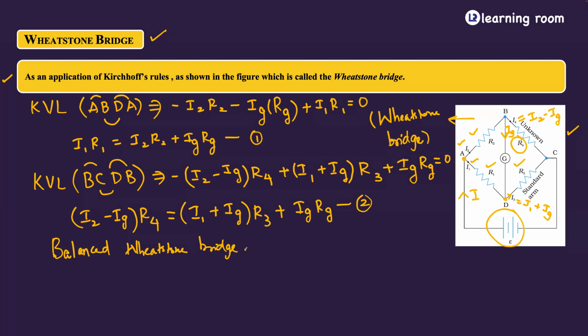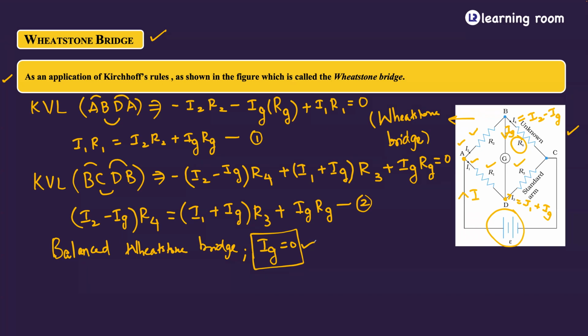This whole circuit is said to be balanced when the value of Ig is equal to 0. So take this and substitute it in each of the first and the second expressions.